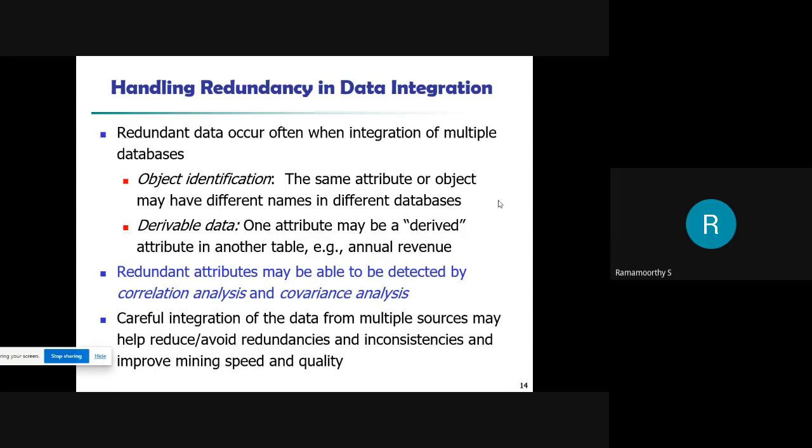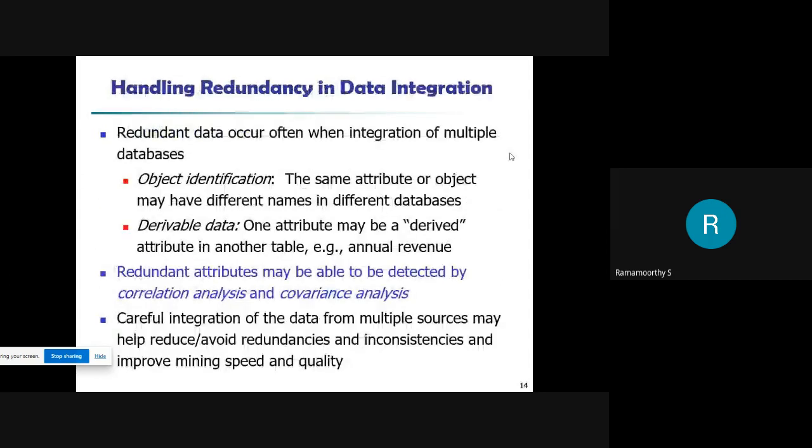Both can be achieved with the help of careful integration of data from multiple data sources and removing or reducing the data redundancy and inconsistency in it. This is the way you can improve the performance of any data mining algorithm as well as the quality.